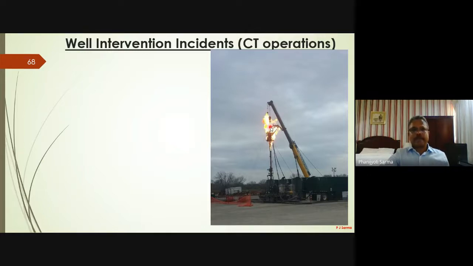So equipment has to be properly maintained, and during the operation it needs to be monitored. And in case of any abnormality observed, the secondary barriers, like the blowout preventer, need to be activated. I will not go through this video because it will be long.